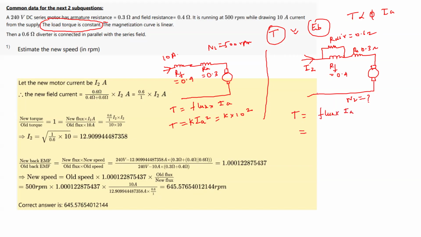Here the Ia is I2, and flux is proportional to field current. Now what is the field current when you have connected the diverter resistance?